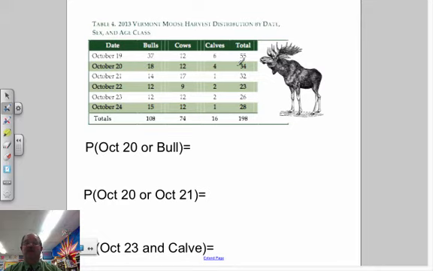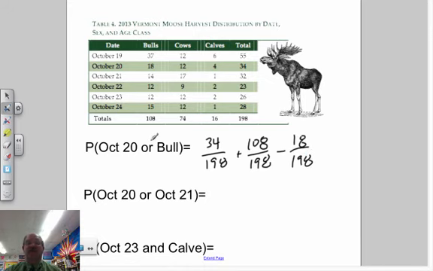Well, the total number of people that shot on October 20th is 34 out of 198. The probability that somebody shot a bull is 108 out of 198. And since these aren't mutually exclusive events, we could have shot a bull on October 20th. We don't want to count these 18 moose twice, so we've got to subtract out the 18 out of 198 from there. Does that make sense?